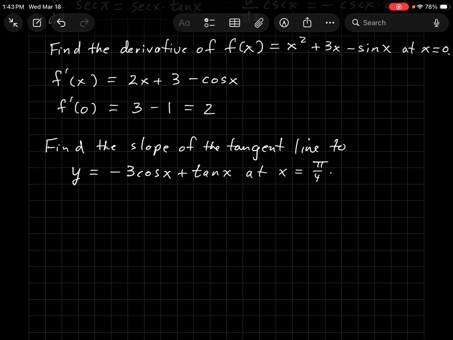Recall that the slope of the tangent line is the derivative. So let's find our derivative. And whenever we find a derivative at a point, we need to find the function derivative first and then plug in.